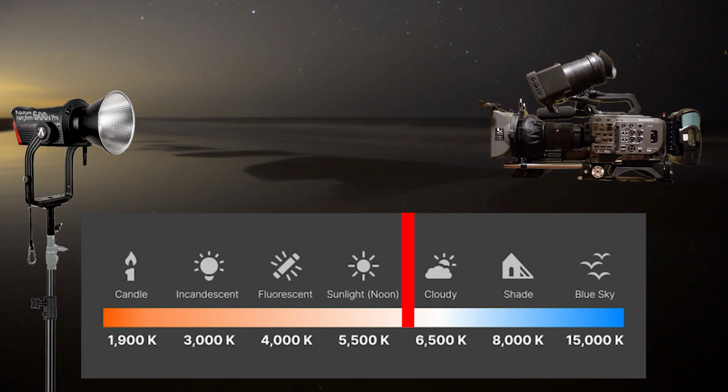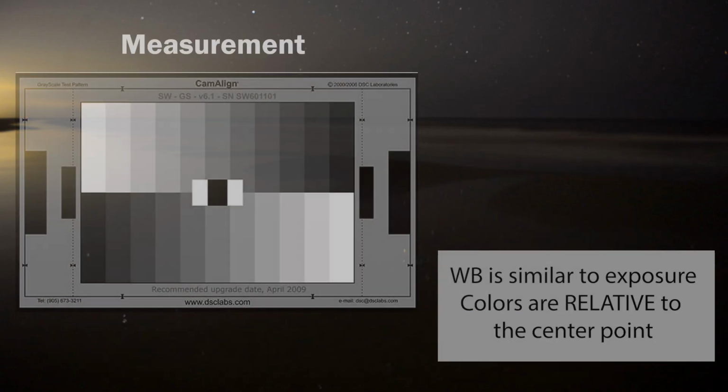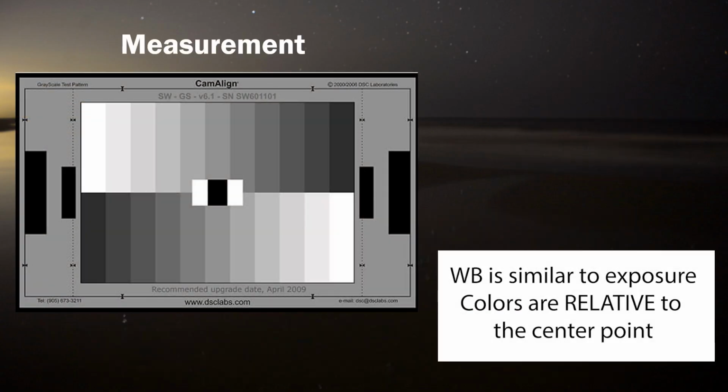So overall, the source is 3200 or 5600 or whatever. Once you assign the center of the frequency band to the camera, it renders all of the colors relative to that reference point. It's kind of analogous to how you meter and set the exposure for a camera.